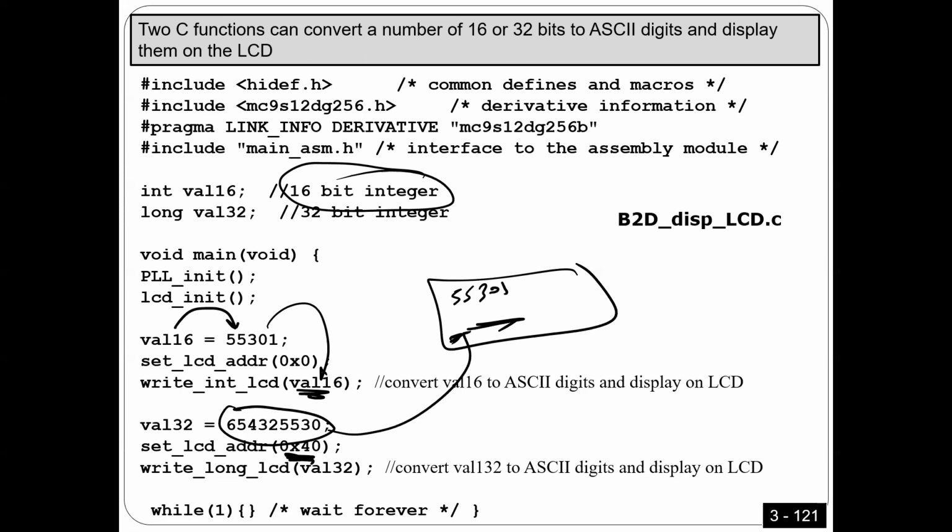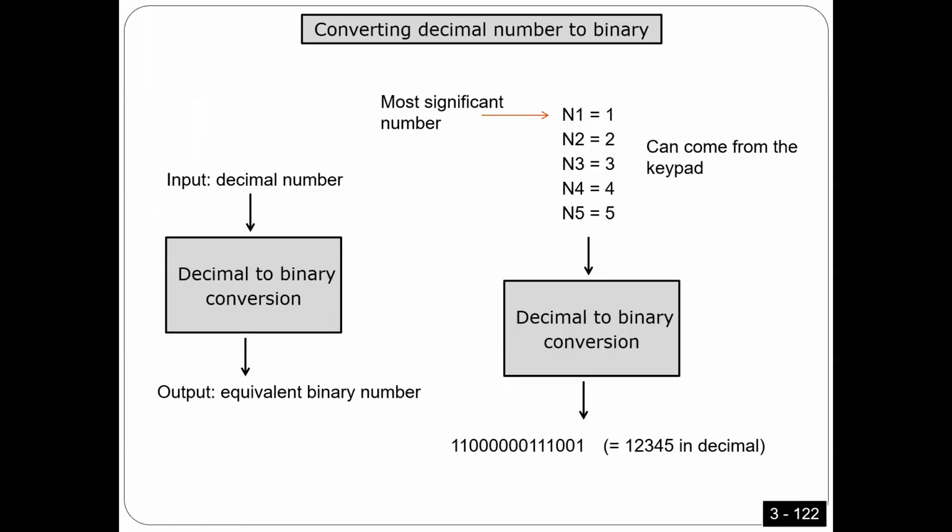Okay, guys, any questions? Very easy, right? Now, I want to explain the opposite of what I did. What do you mean by opposite? Look here, guys. What I explained right now: if you have a binary number, how can I convert the binary to decimal?